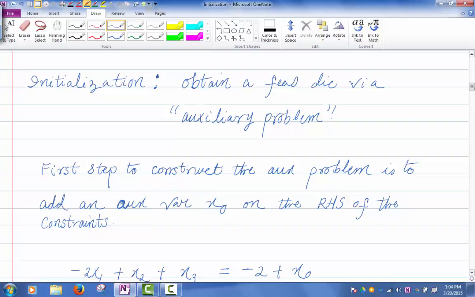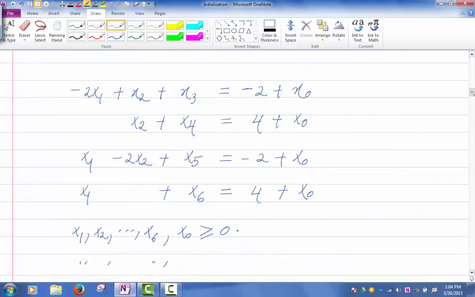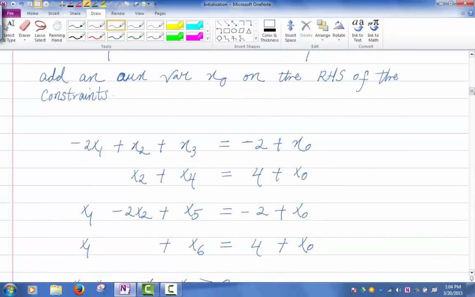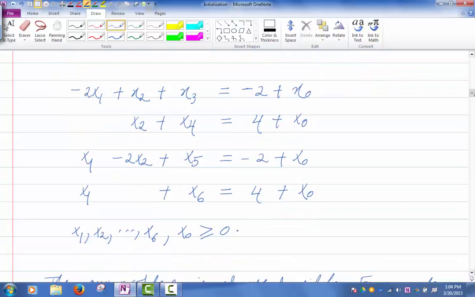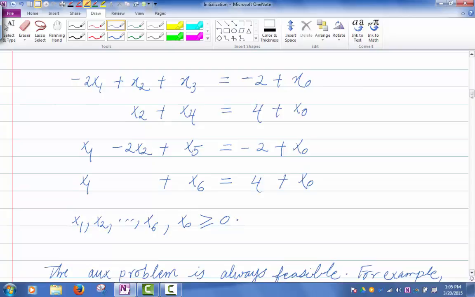And then we introduced this idea of the auxiliary problem. We add an auxiliary variable x0 to the right hand side of the inequalities, or you can say, to the right hand side of the slack form.